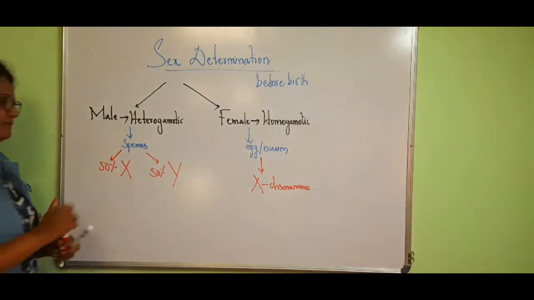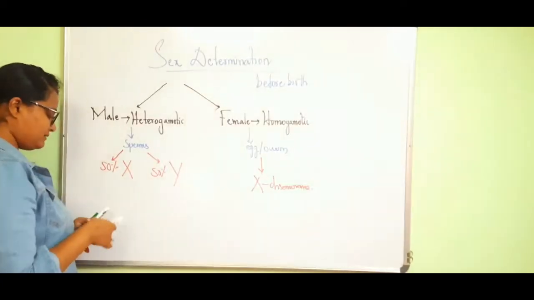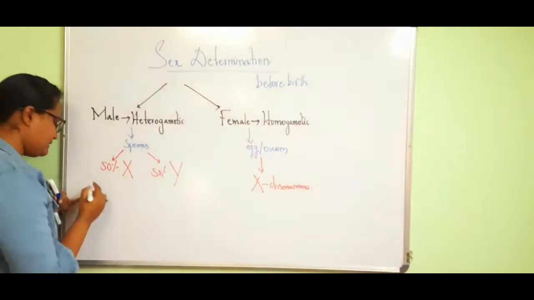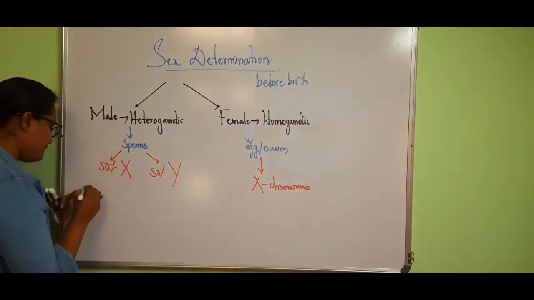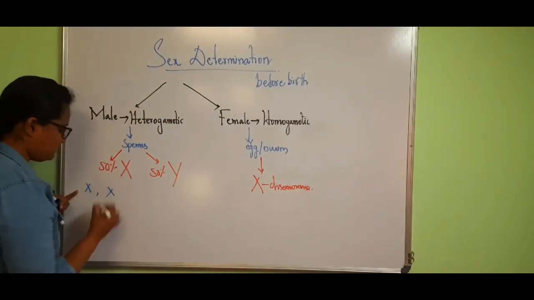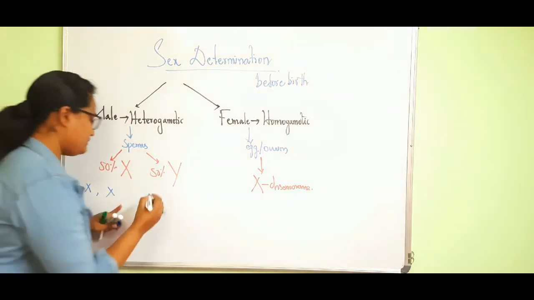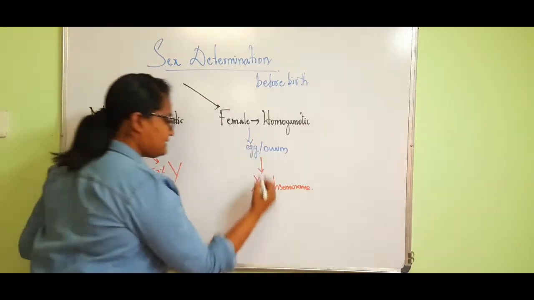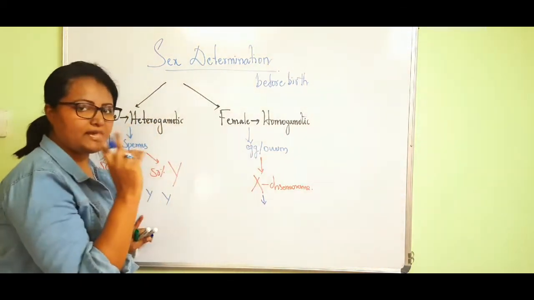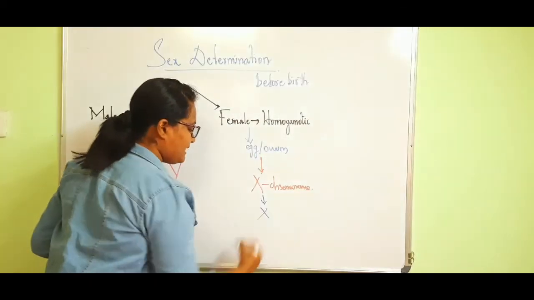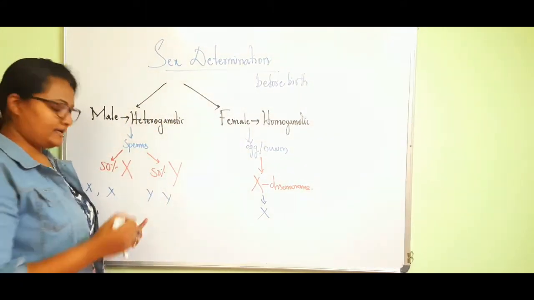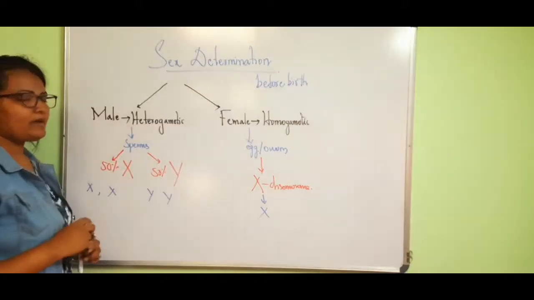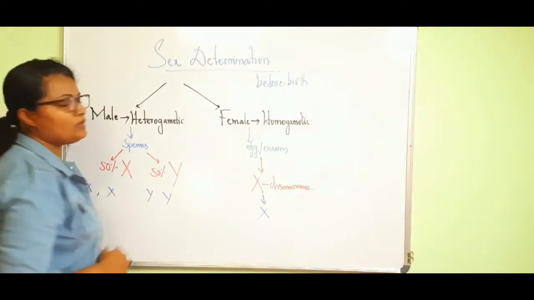So within the 4 sperms, 2 sperms are with the X chromosome, 2 sperms are with the Y chromosome. Whereas a single egg or ovum is produced, and it always contains the X chromosome. So based on this, the males are heterogametic and the females are homogametic.